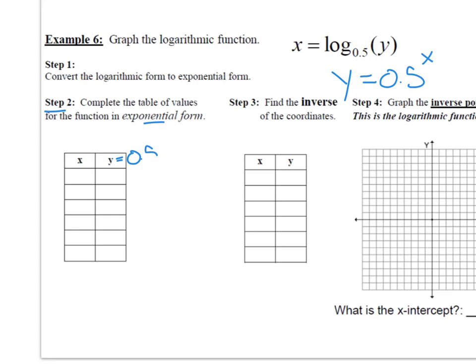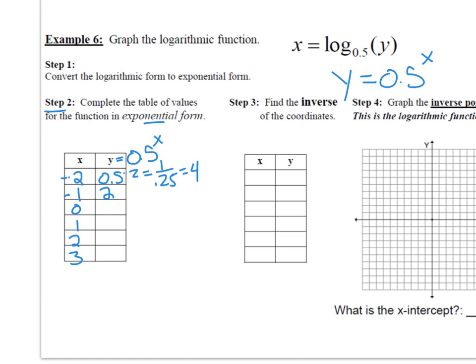So that would be 0.5 to the x, and I'd have -2, -1, 0, 1, 2, and I guess 3. And you can do 0.5 to the negative 2. You could turn that into 1 over 0.25, which equals 4. And remember, you could do all that in your calculator.